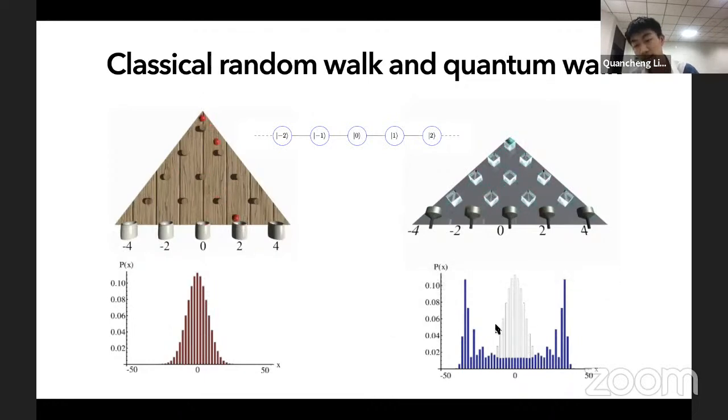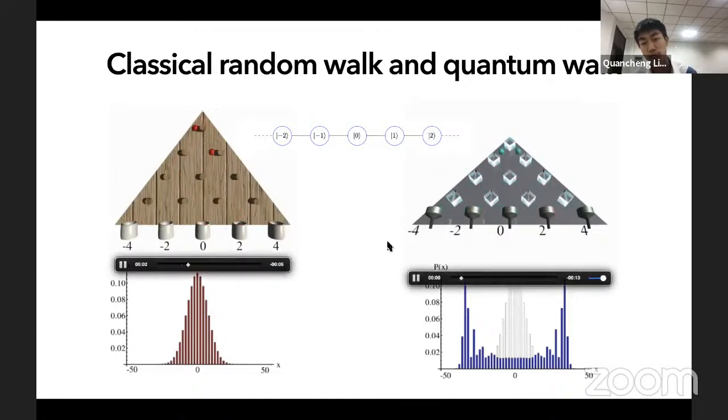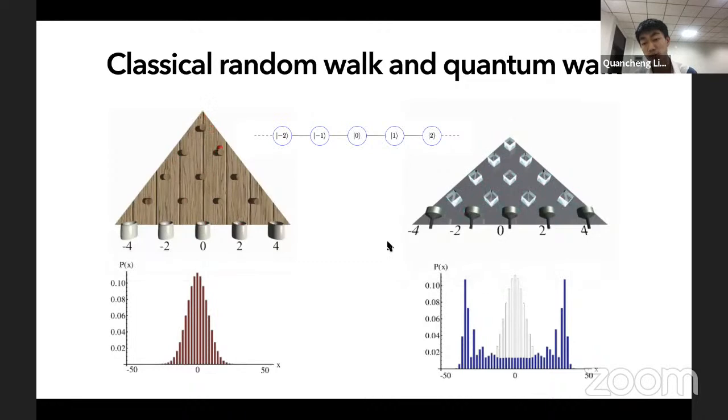The tendency of the quantum walker is that it will spread to its edges. As a comparison of the quantum and classical cases, the quantum case has a better ability in transporting the system.